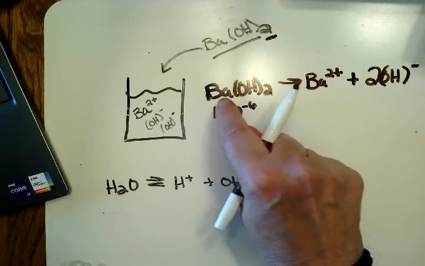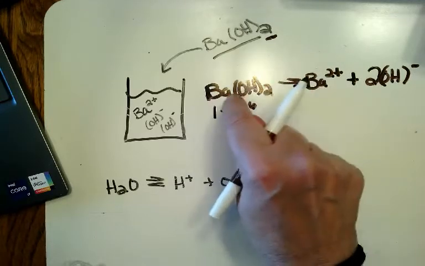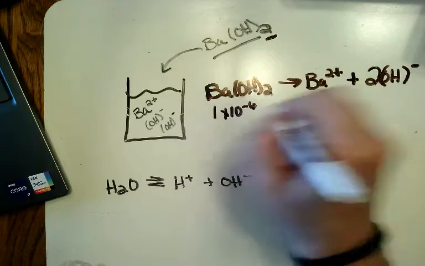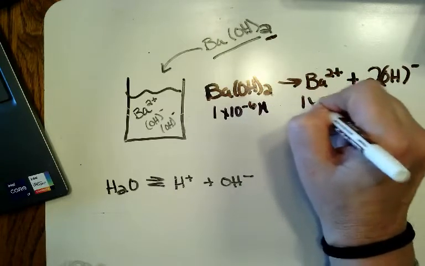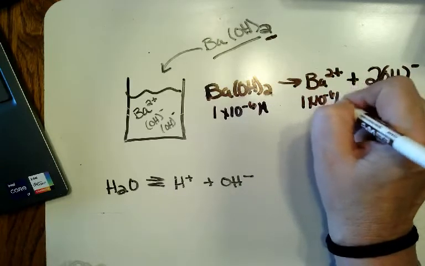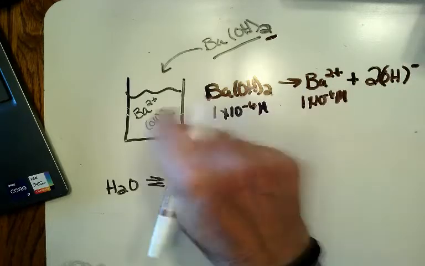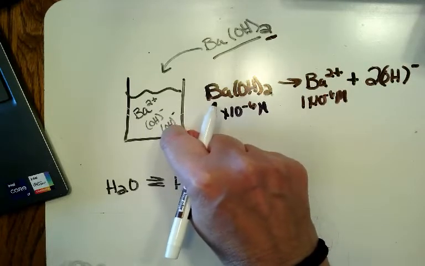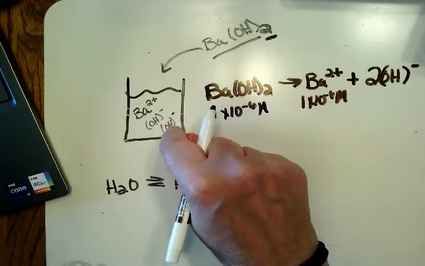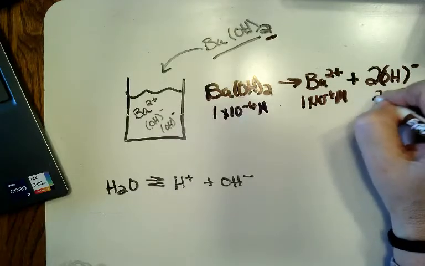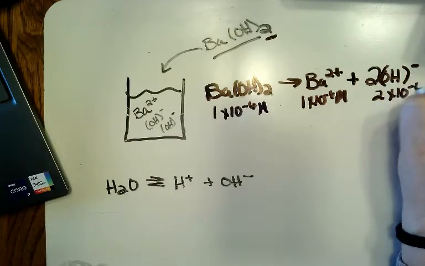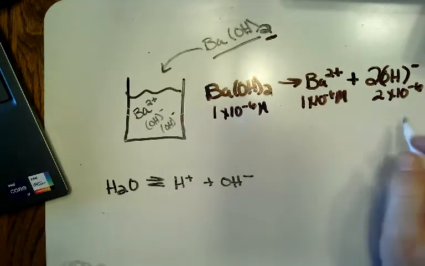If I break this apart, I have one of this grouping. I made one barium, so it's going to have the same concentration, 1 × 10⁻⁶ molarity. But this guy has two ions in solution, so that's going to have twice the concentration, so that would be 2 × 10⁻⁶ molarity.